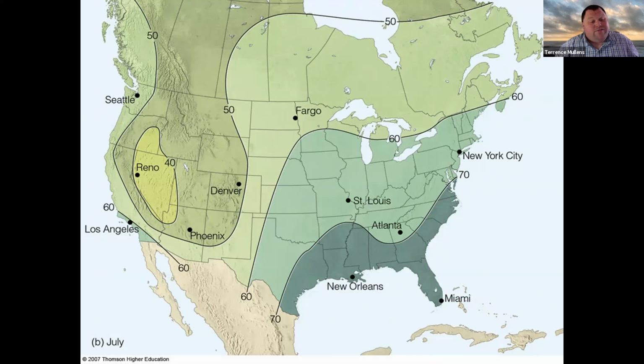If you notice, in all of Nevada, like that big dry desert of the United States, that's the driest place in the United States. Pretty much everywhere east of the Rocky Mountains is getting a lot of moisture. A little bit on the West Coast, but still not a whole lot. So yeah, Fargo's not nearly as dry in the summertime as it is in the wintertime, and neither is much of the East Coast.